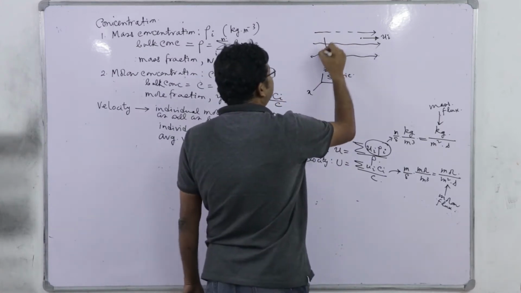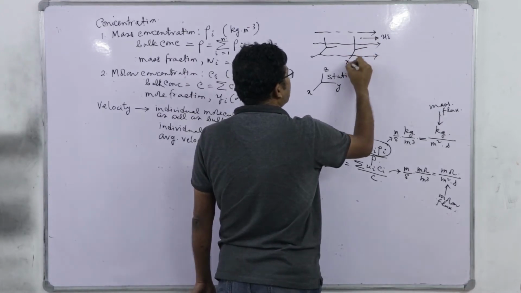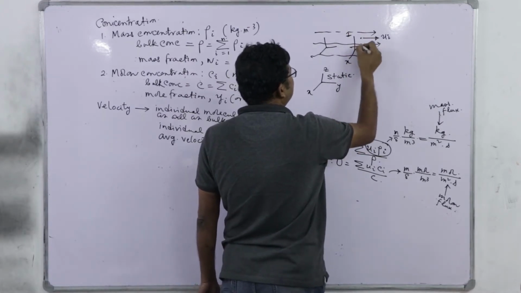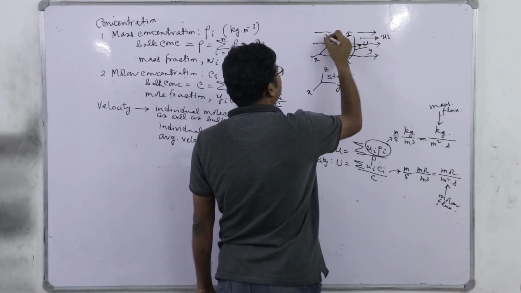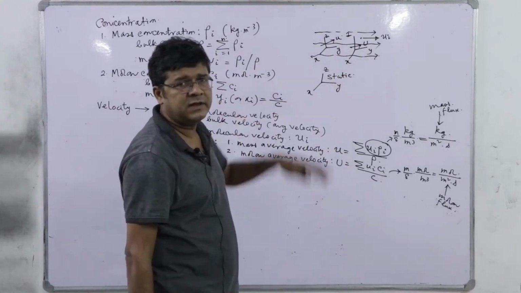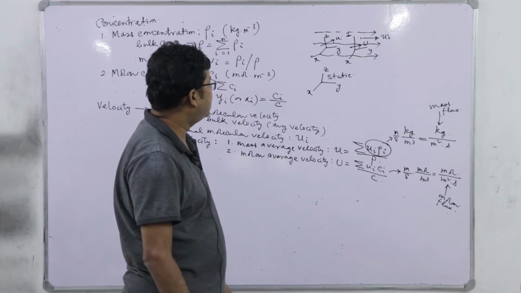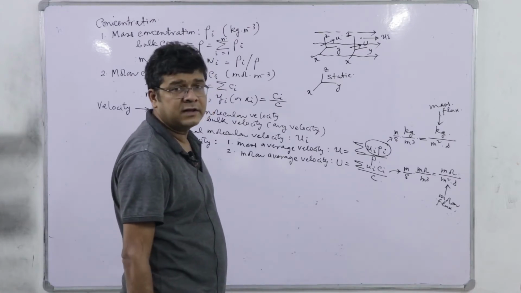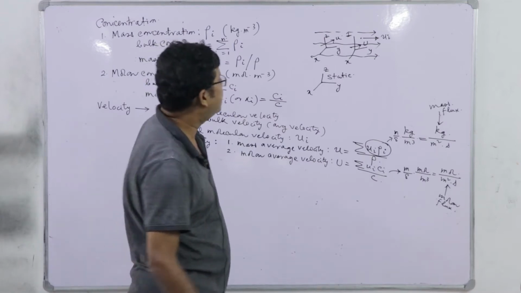Now, we can have two other reference frames. One is moving with the molar average velocity, another is moving with the mass average velocity. So, with respect to that, when we see this, it becomes a different type of velocity; we should say that it is a kind of diffusive velocity, right.